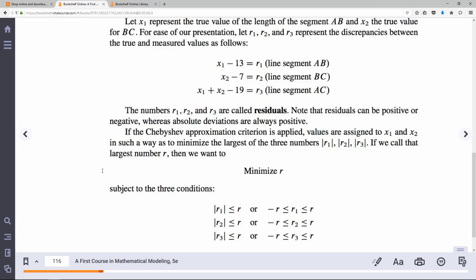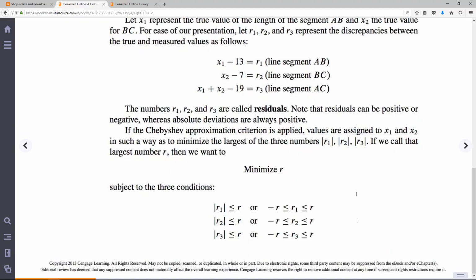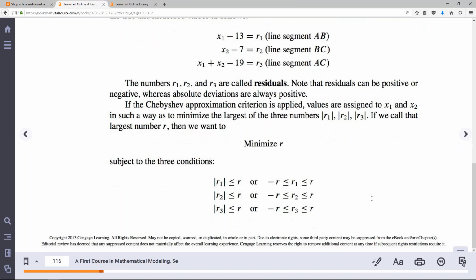In this case, we could further translate the problem into this form by changing the absolute value, so that R1 is larger than or equal to negative R and less than or equal to R.